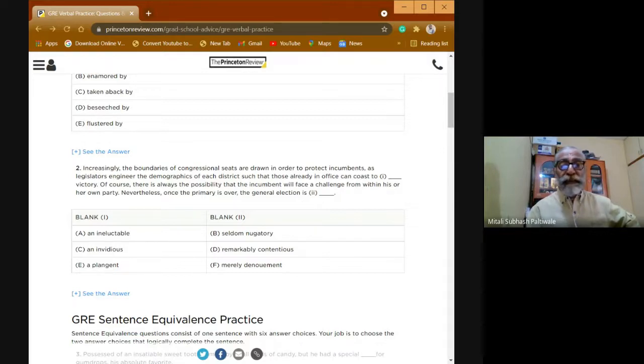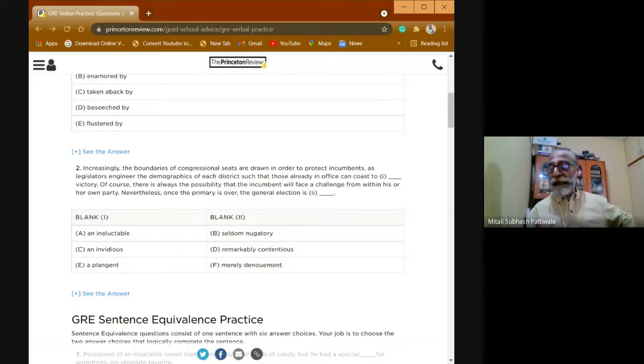So is tells us that there should be a noun following it. So what could be the answer? Let us see with the given choices. Seldom nugatory.